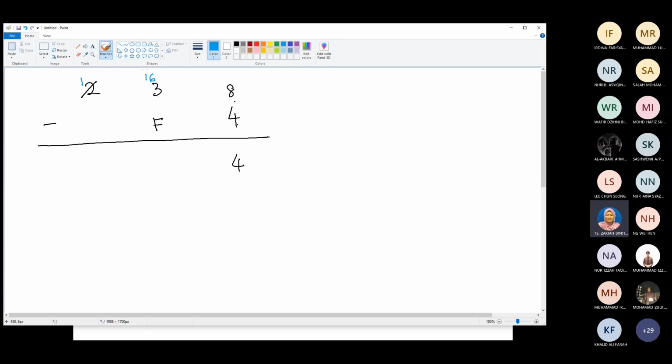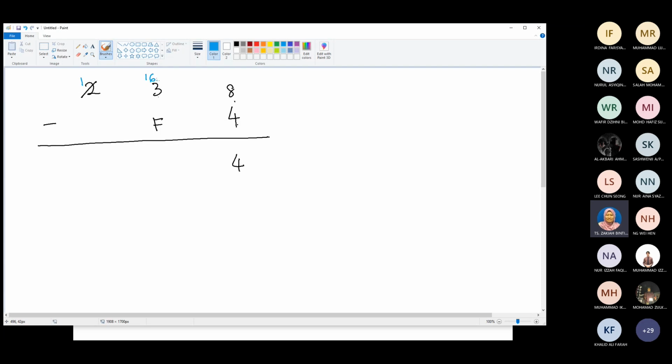If you want to represent it in hexadecimal numbers, it will be complicated. So your mind still needs to think that this is decimal. So 1, 6.